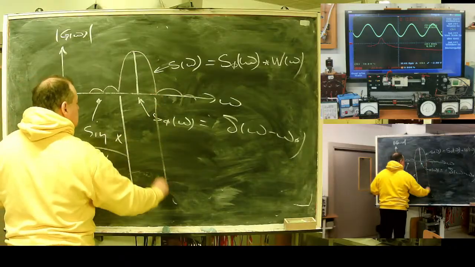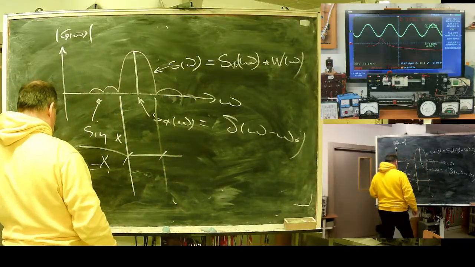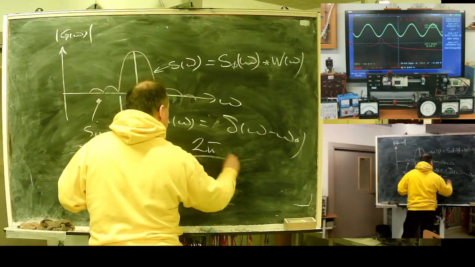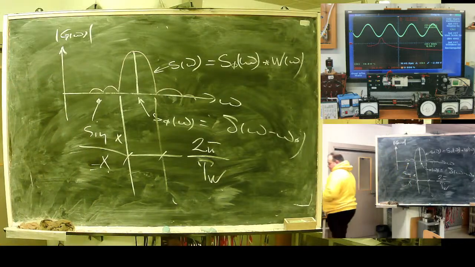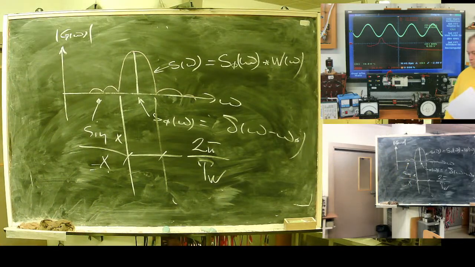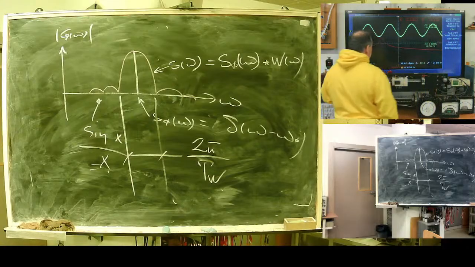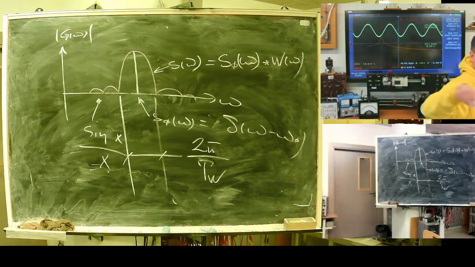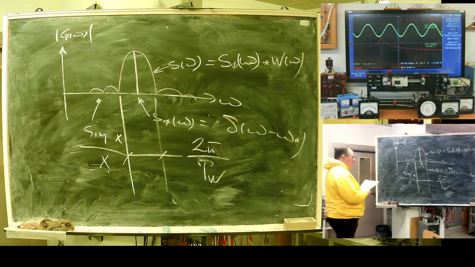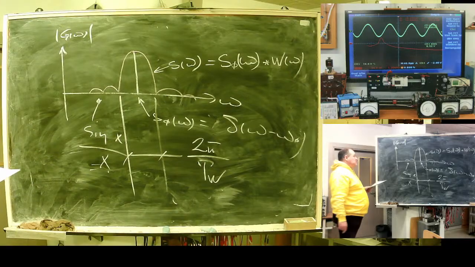Interestingly, the space between zeros is double pi divided by TV. If you perform the Fourier transform on a rectangular window, you will get the magnitude of the spectral line, sine of omega divided by omega. If you like, I can bring this formula, but it's long.